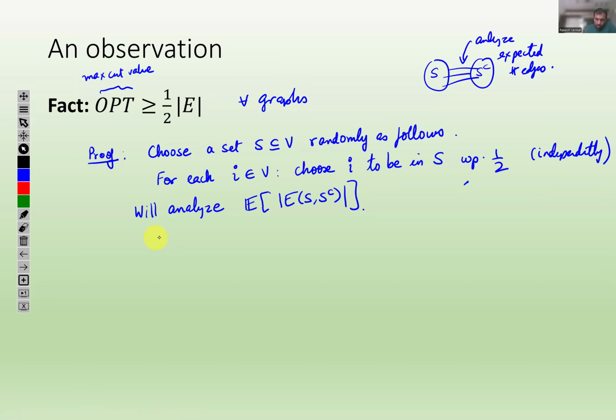Okay. So define the variables x_ij. If i and j lie on opposite sides of the cut, that is, i is in S and j is in S complement or otherwise. Sorry, x_ij should be 1 if it lies on opposite sides of the cut, and 0 if they lie on the same side.